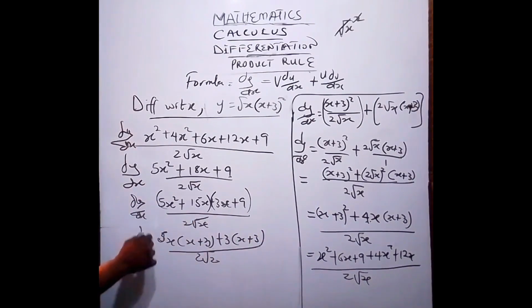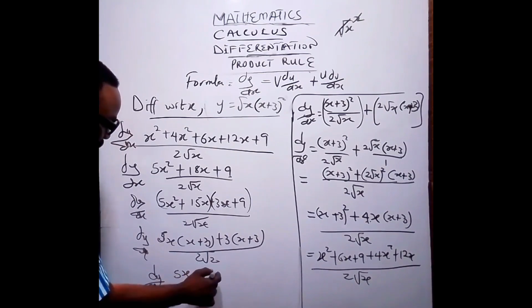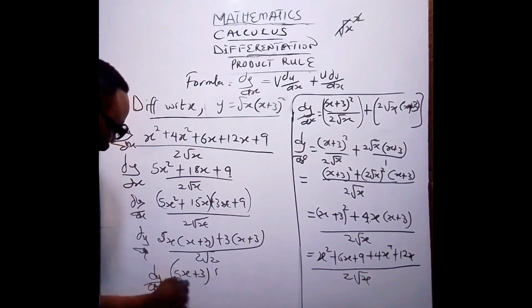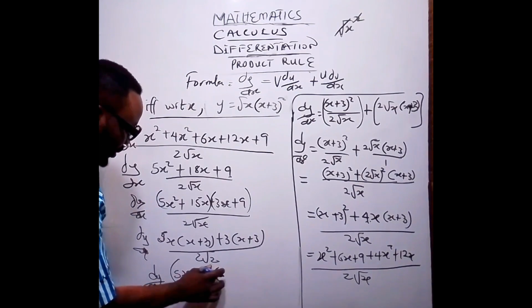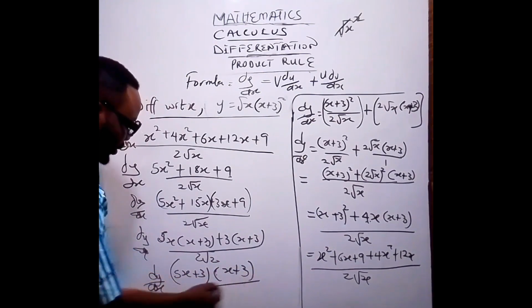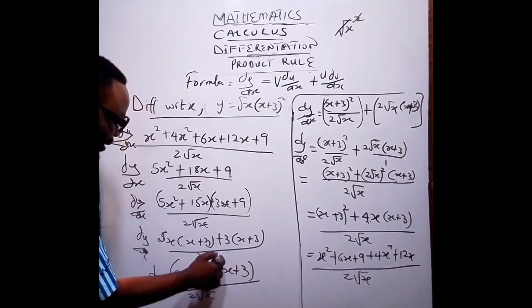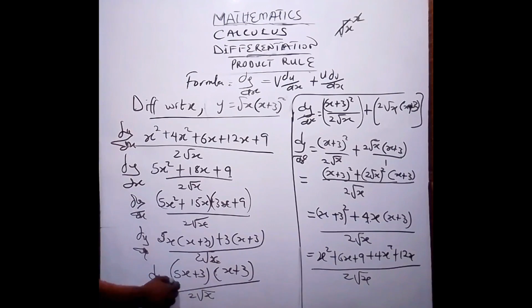Still on the dy/dx. So the dy/dx finally can be equal to bracket 5x plus 3, close the bracket, another bracket, open it, x plus 3, all over 2 root x. That is the final answer for our dy/dx.